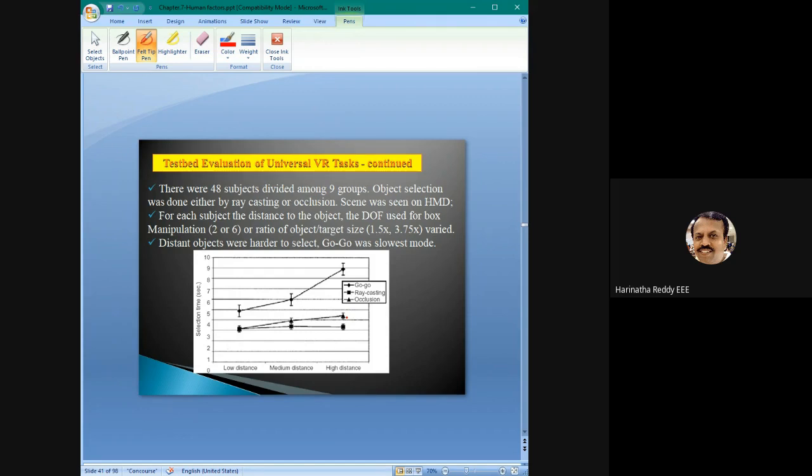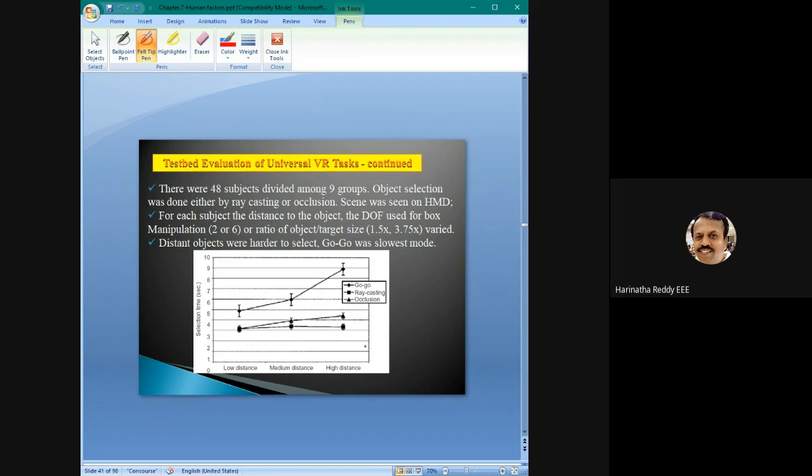So here the go-go concept was very slow and raycasting was very fast. From the graph shown here, please observe, as the distance to the object is increased, go-go concept is very slow and the raycasting method is very fast.